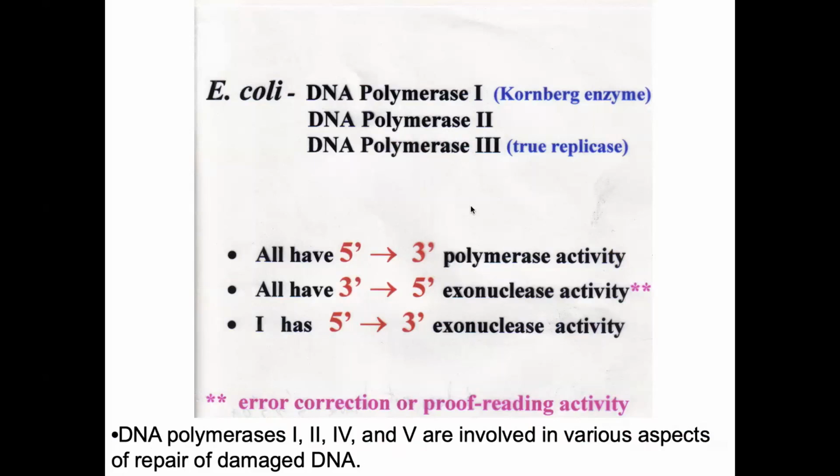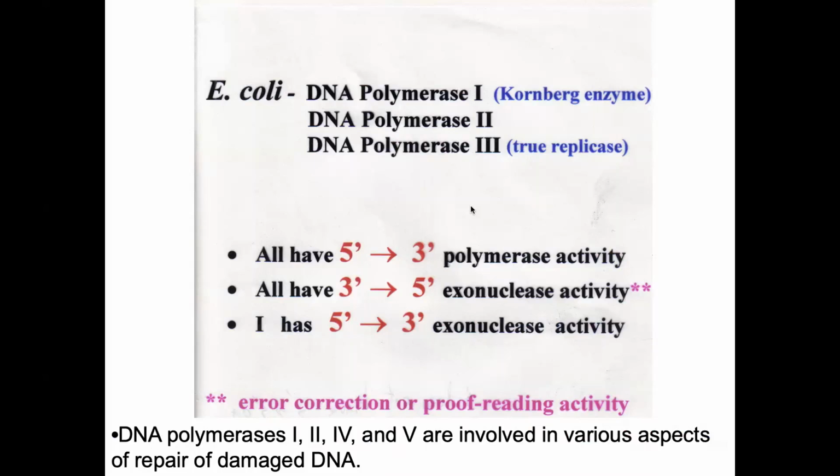As it turns out, DNA polymerase 3 is the replicating enzyme. It's responsible for doing the bulk of the work during chromosomal DNA replication prior to a cell division. As we'll see, the Kornberg enzyme actually plays a role in that process as well, but it's a much more minor role. But we'll talk about that later.